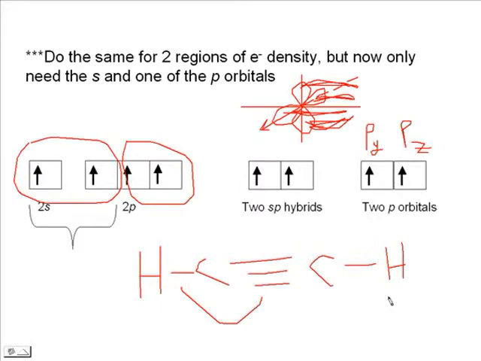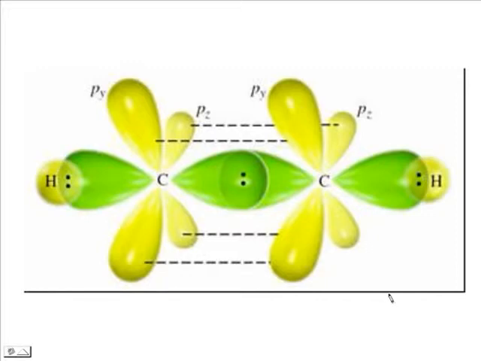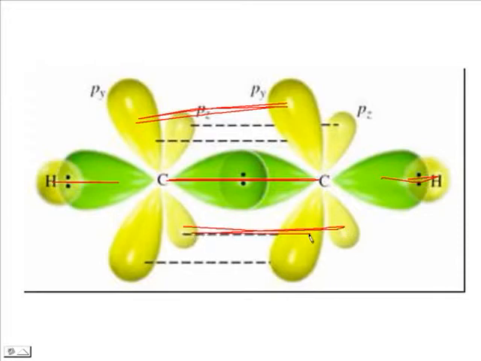This looks much better with the pictures that the book gives us rather than mine. So here's my carbon, and here is the sigma bond between the 2 carbons, plus the sigma bond between the carbon and each of the hydrogens. And then you've got the py and the pz. So you've got your 2 p orbitals overlapping, like those that would be in the plane. They've tried to rotate them a little bit so that you can see them distinctly.